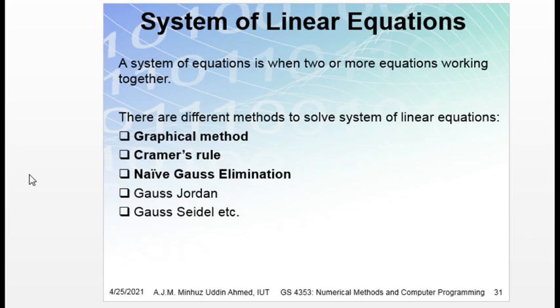And there are other techniques as well: graphical method, Cramer's rule, naive Gauss elimination, Gauss-Jordan, Gauss-Seidel, etc. So different techniques are there for solving systems of linear equations, and some limitations are there behind each technique.